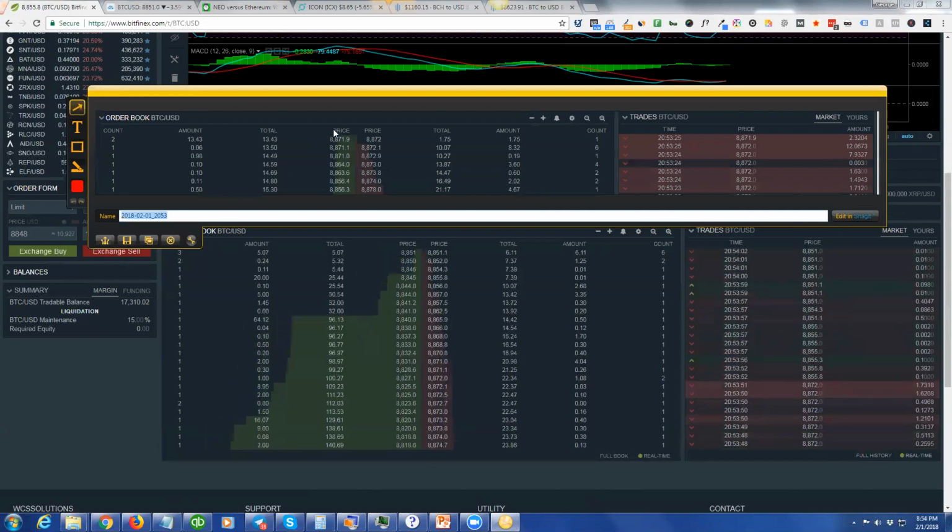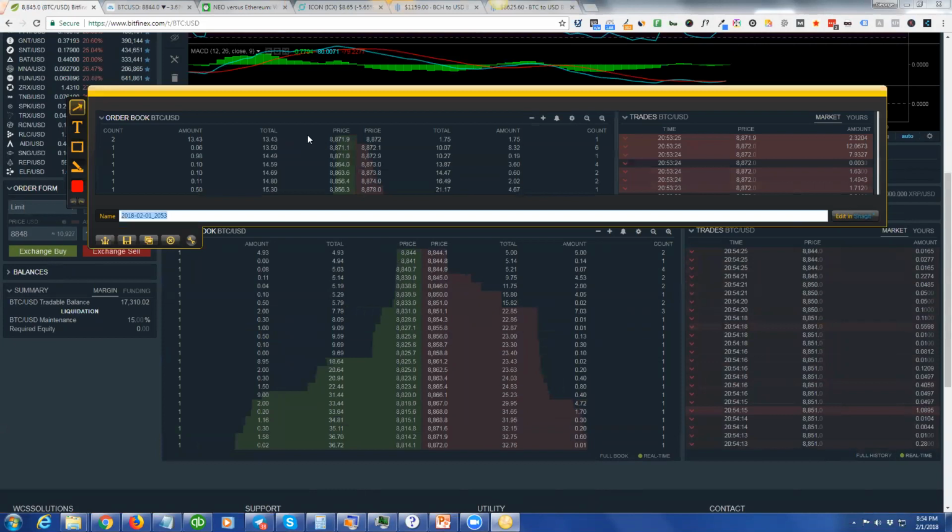Let's say I had 15 Bitcoin. That means I need to have buyers that are going to buy my Bitcoin. If the price is coming down and I have 15 to sell, but there's only 13 Bitcoin of buyers here, that means I would get 8871.9 on my 13, and then the remainder I would only get 8771.